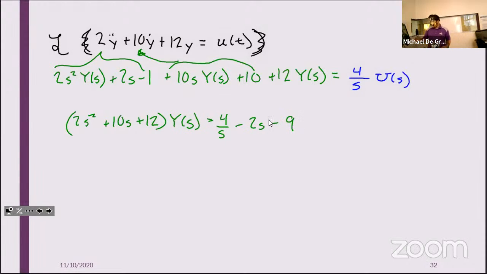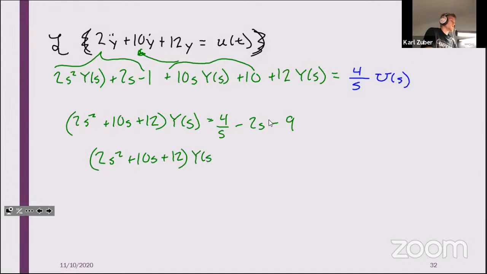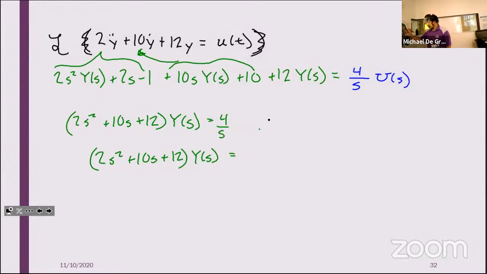All I did was leave y of s on the left and move everything else to the right. Well, that looks gross, so I'm going to do one more algebraic step here. What happened to the u of s when you brought over the minus 2s minus 9? Sorry, yeah, that should be there.